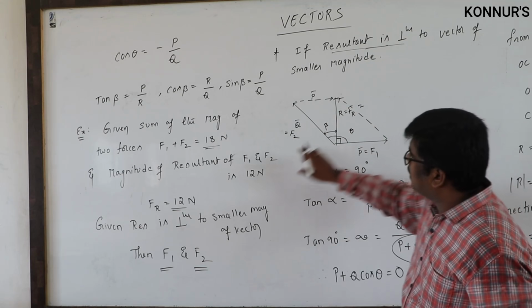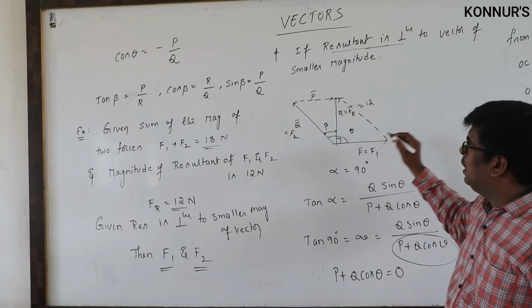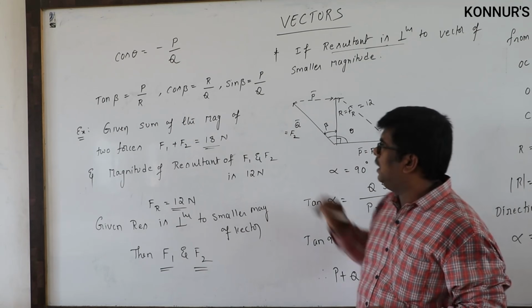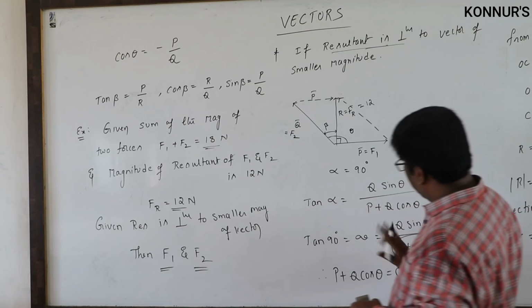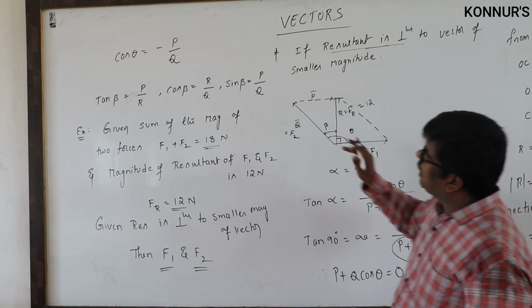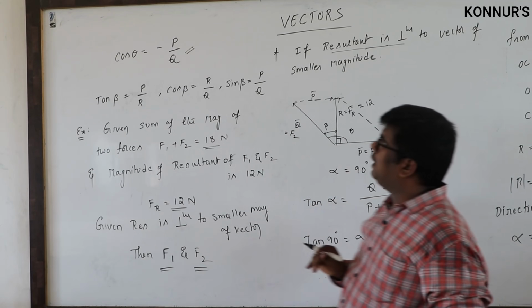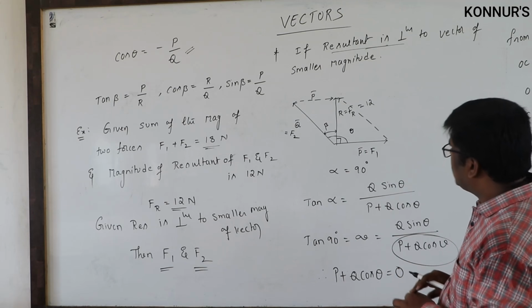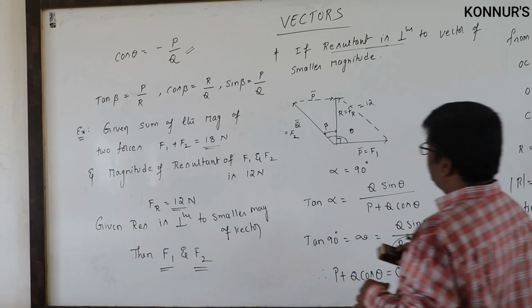The resultant is 12 newtons, and the sum of the vectors is 18. If the resultant is perpendicular, you can take it for granted that cos theta is equal to minus P by Q.